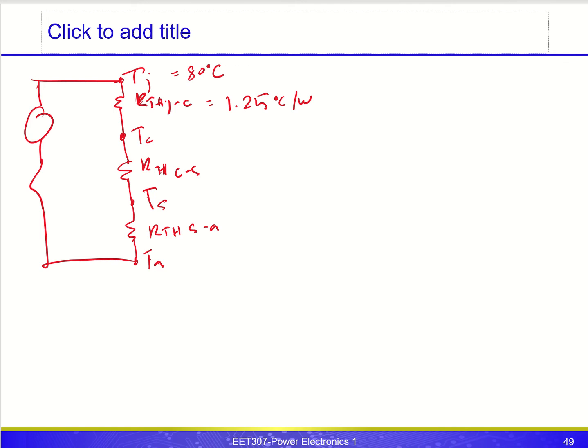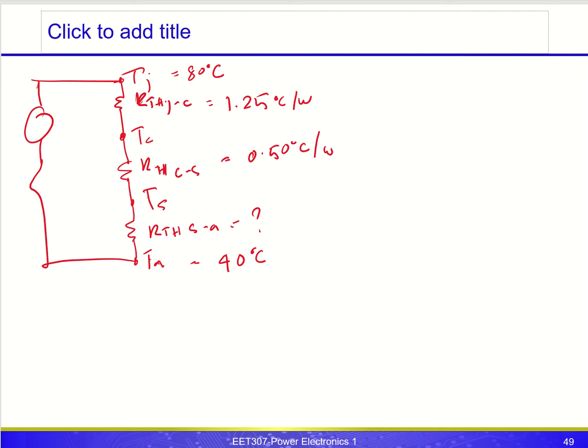And then we have the value of the RTH CS, 0.50 Celsius per watt. The value of the TS we don't have, and then what is the value of the RTH SA, and we also have the value of TA, which is 40 degrees Celsius.